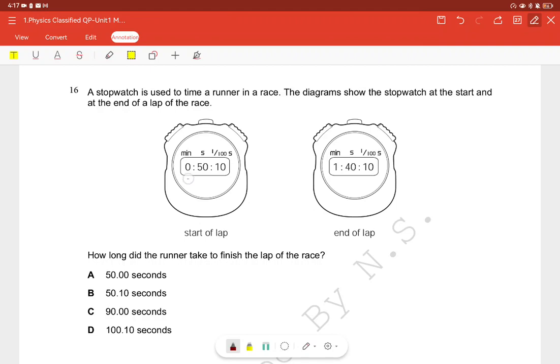It starts at 50 seconds and finishes at 1 minute and 40 seconds. 1 minute is 60, 60 plus 40 is equal to 100, right? That's 100 seconds. And it starts at 50, so 100 minus 50 is equal to 50. So it takes 50 seconds.